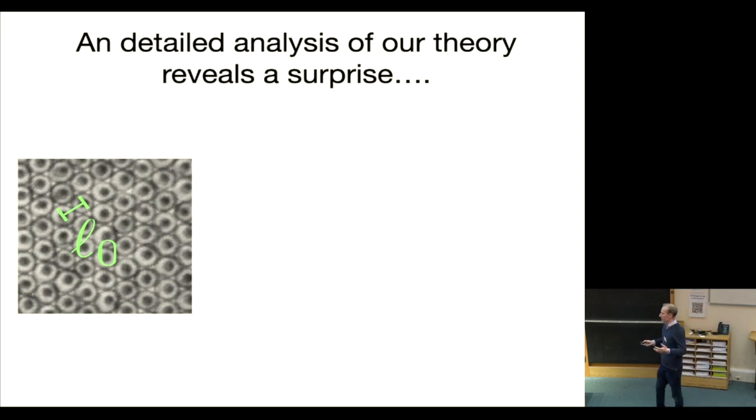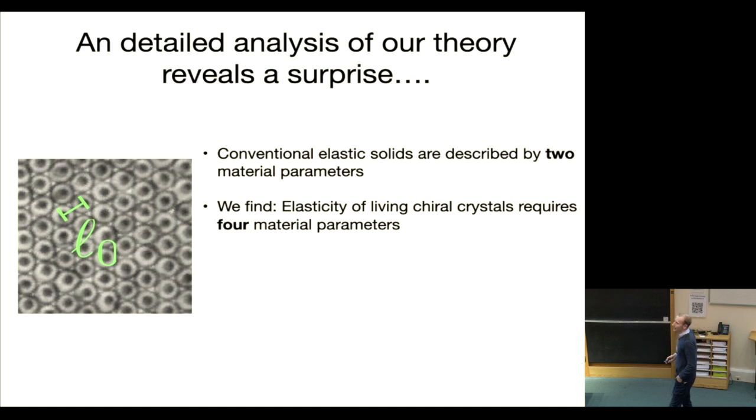So we know that condensed matter, solids, often arrange in crystals. We can think about their emerging material properties. Can we say something similar about these kinds of crystals? And when we looked at our theory in more detail, we found quite a surprise.